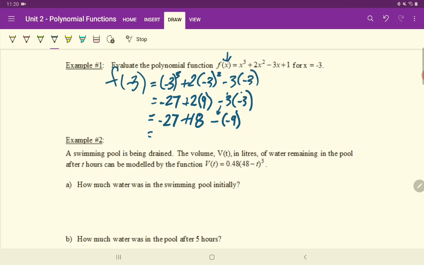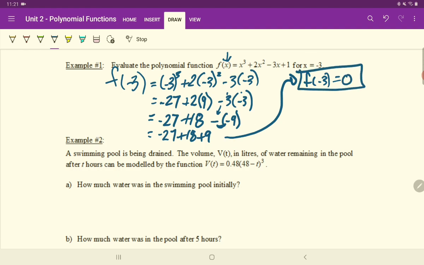Okay, now, remember I said that you could have just handled this as negative 3 times negative 3 is plus 9. Well, you can see why this is also going to work. The negative and the minus sign there will become plus. So you end up with negative 27 plus 18 plus 9. Okay, and what do you get there? You actually get that f of negative 3 is equal to 0. Okay, so it's equal to 0.